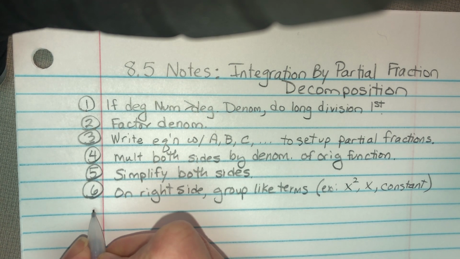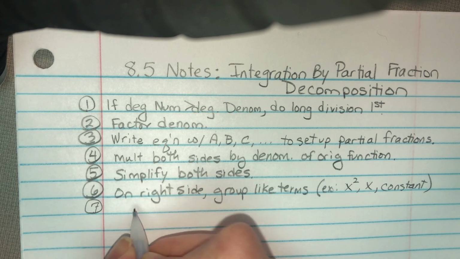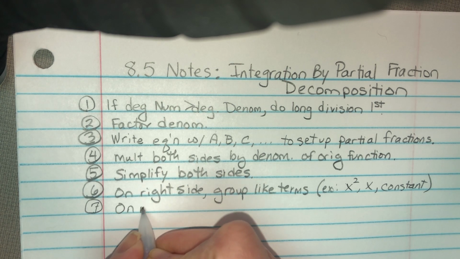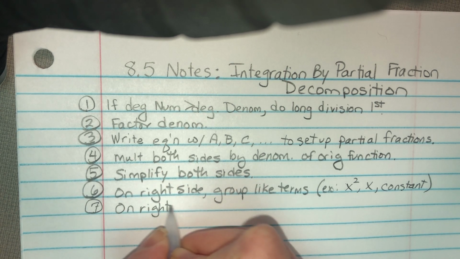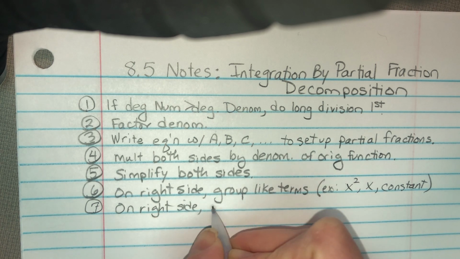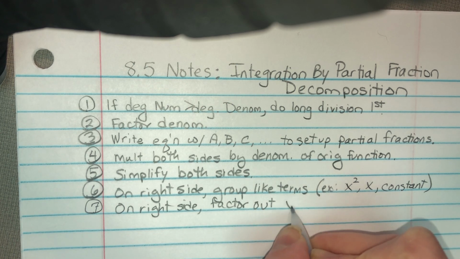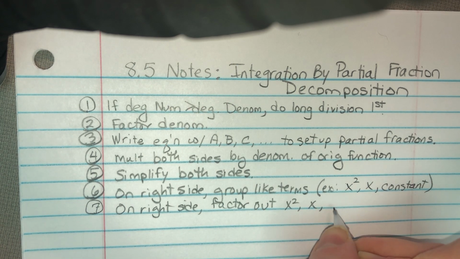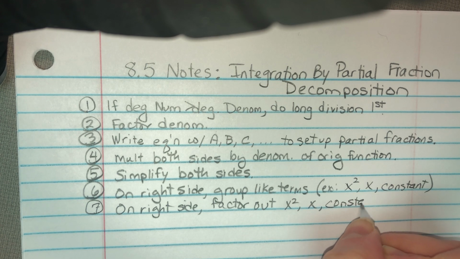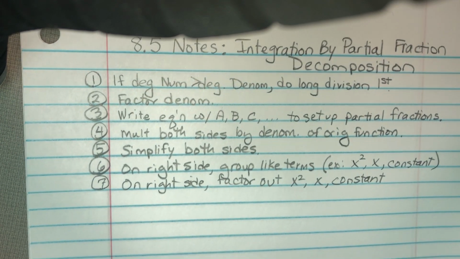Then step 7, on the right side, you're going to factor out your x squared, your x, and the constant as well.